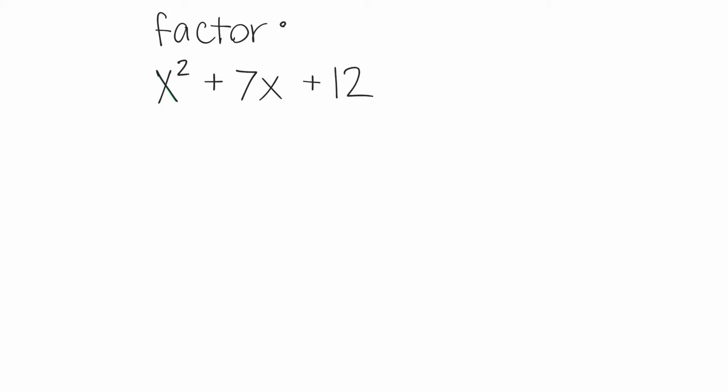So let's take a look. If I give you x squared plus 7x plus 12, and I ask you to factor this, factoring means you are going to make 2 binomials, so 2 brackets.